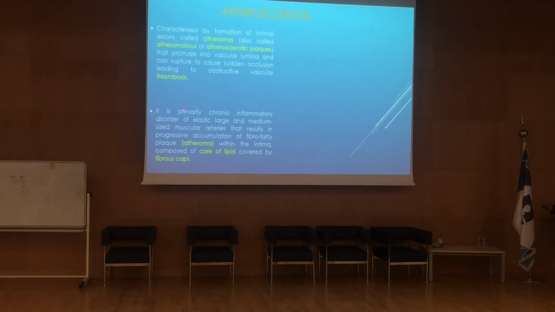It is a primary chronic inflammatory disorder of elastic, large and medium-sized muscular arteries that results in progressive accumulation of fibrofatty plaque, which is atheroma, within the intima, and it is composed of a core of lipid and a fibrous cap.